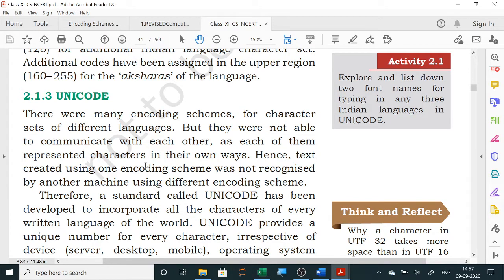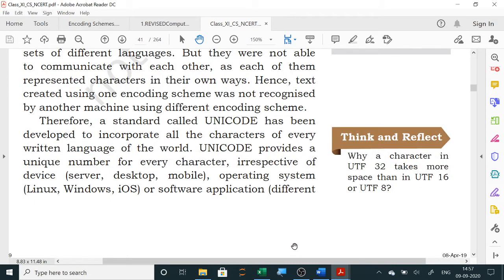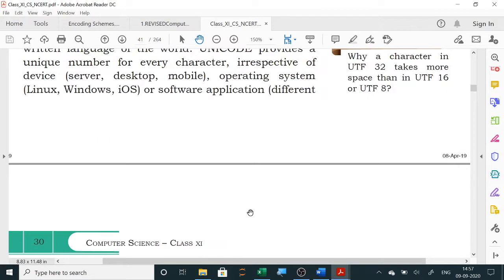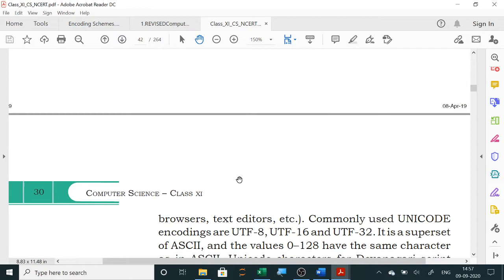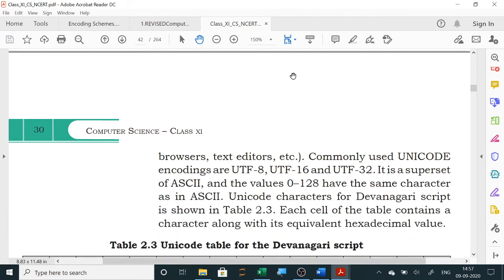Therefore, a standard called Unicode has been developed to incorporate all the characters of every written language of the world.